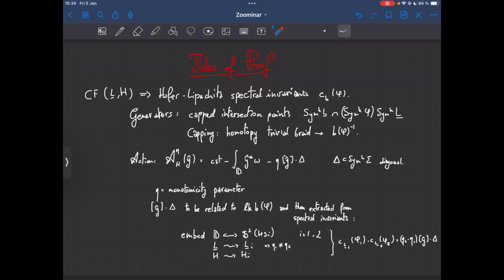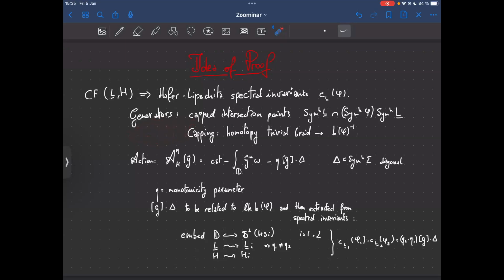So when defining the complex, we have to take a reference path between Sym^k phi of Sym L to Sym^k of L. And in fact, in the setting we are in, where the two Lagrangians coincide, it is a tuple of k paths, which represents by definition b phi minus 1. So a capping, therefore, will be a homotopy between a trivial braid, which is given by a set of k constant paths, to b phi minus 1, which is the reference path.